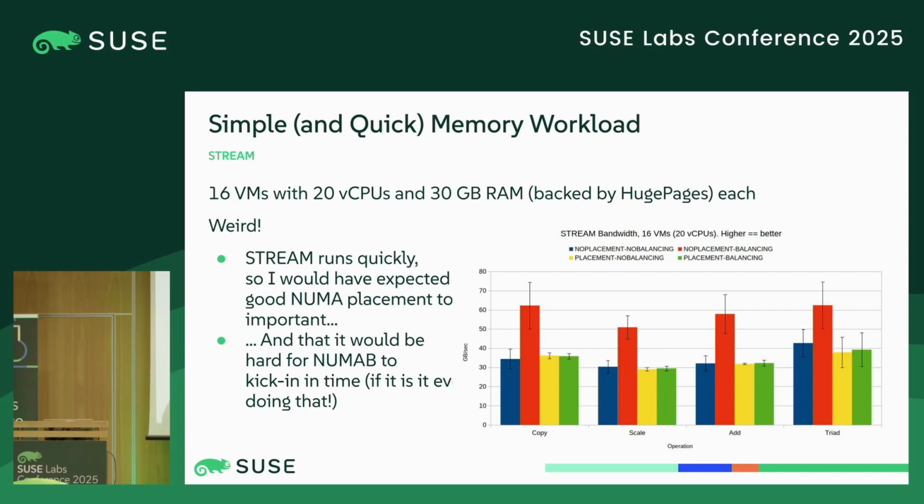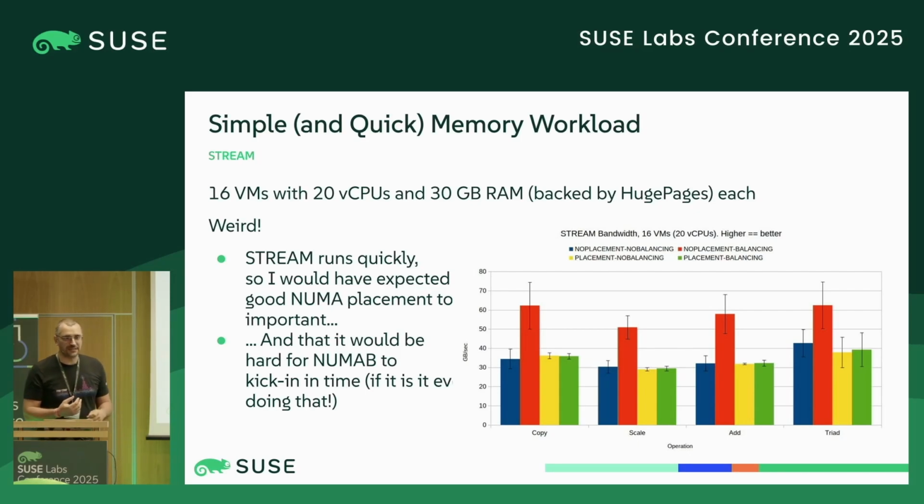We are using huge pages, so in theory, automatic NUMA balancing can't do much. And yet, apparently it does, or maybe it's something else that produces these results. Also, even if we forget about this, stream is very quick as a benchmark. It runs very quickly.